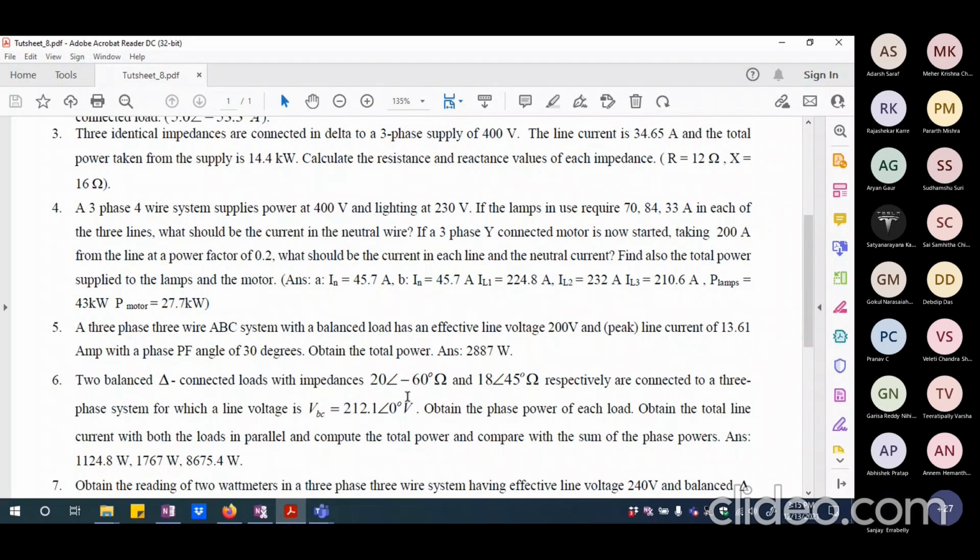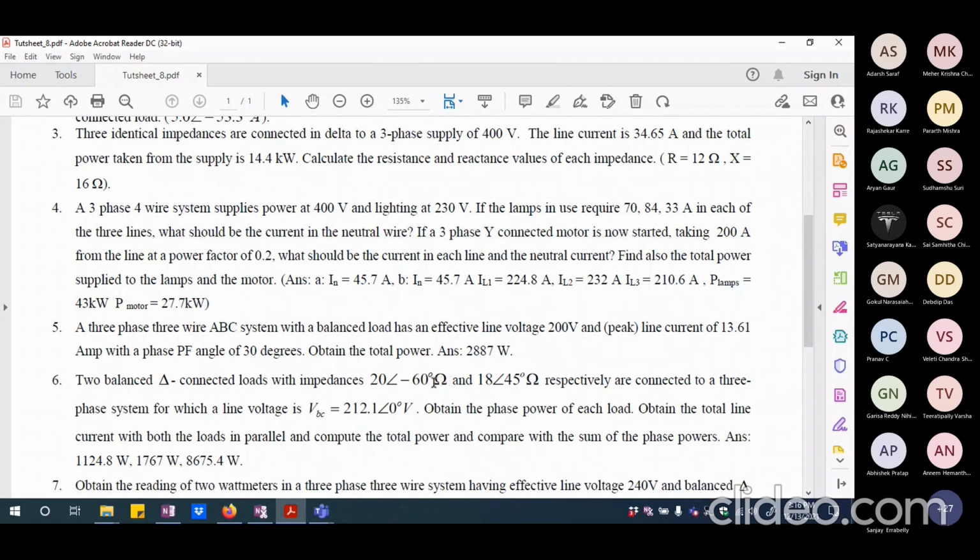You are given two impedances, both are in delta, 20 angle minus 60 and 18 angle 45. First of all, you can calculate the parallel combination of these two. That will be the effective impedance, so that is effective impedance per phase in delta connected fashion.